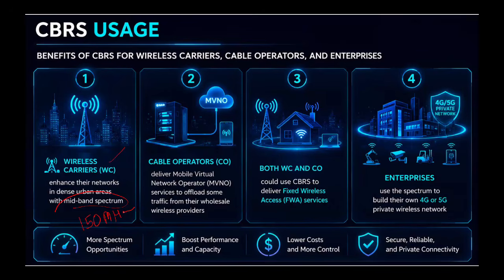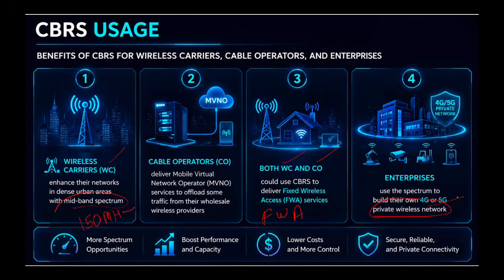And then both wireless carriers and cable operators take the benefit with the help of fixed wireless access. So at some places where fiber is difficult to reach, we can take the advantage of CBRS. Also, enterprises use this spectrum to build their own private network. So they do not have to be dependent on AT&T, T-Mobile, or Dish for their network. So with the help of CBRS, they can have their own private wireless network.